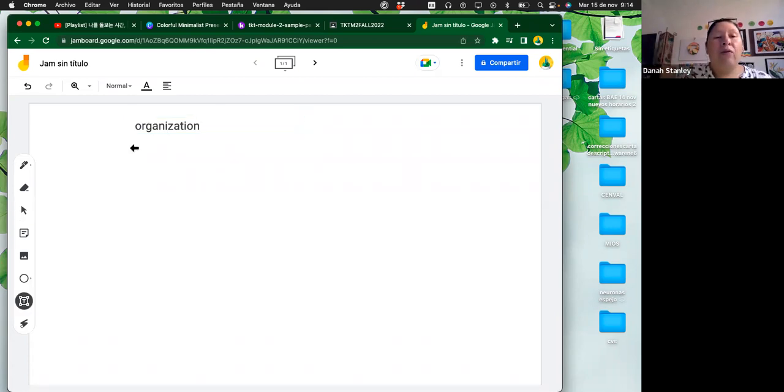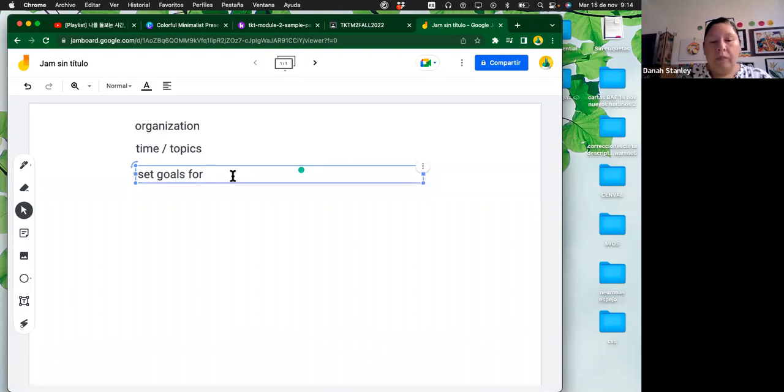Okay, very good. So organization in time and topics, no? As the Miss said, no? You say, pues I'm going to teach past. First, I'm going to introduce the verbs, then the structure, and probably the time expressions, and then they are going to practice it. And also in here, I can set goals for skills.